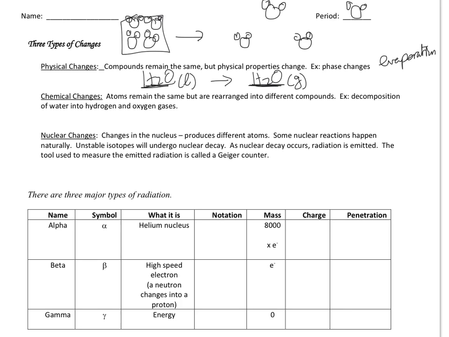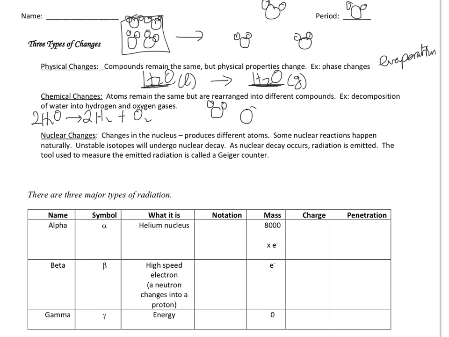So if I were to write a chemical equation for it, H2O would turn into H2 and O2. Remember, hydrogen and oxygen are diatomic. And just for fun, to balance it, you got 2 and 2. So what that looks like is you have 2 water molecules.